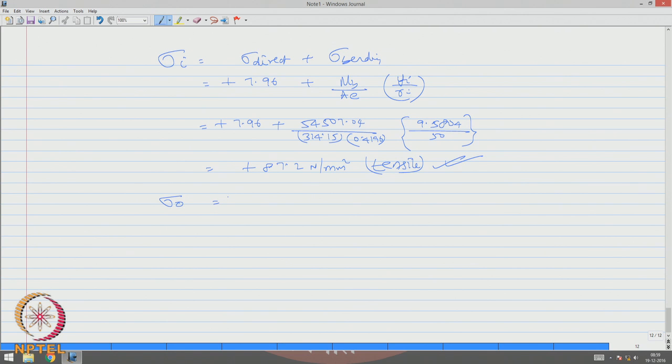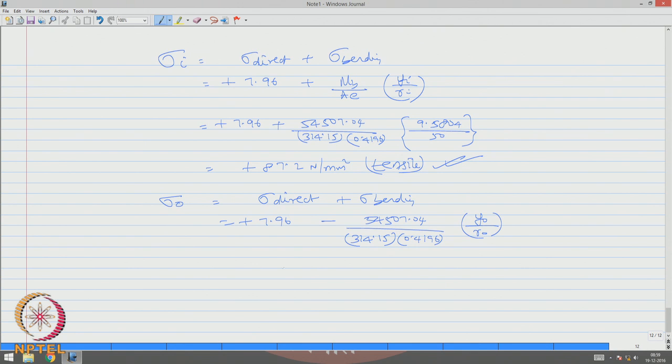Similarly, stress at the outer fiber is again sigma direct plus sigma bending. Sigma direct is again tensile all the time, whereas this will be minus 54507.04 divided by 314.15 into 0.4196. This is going to be y outer by R outer.